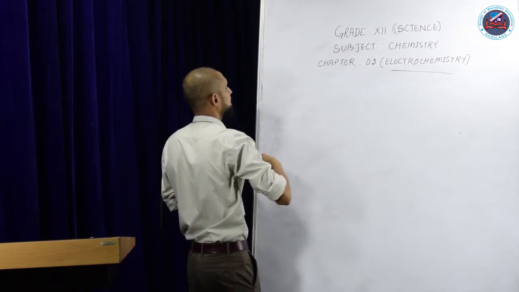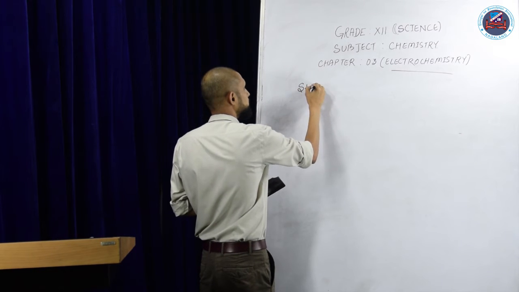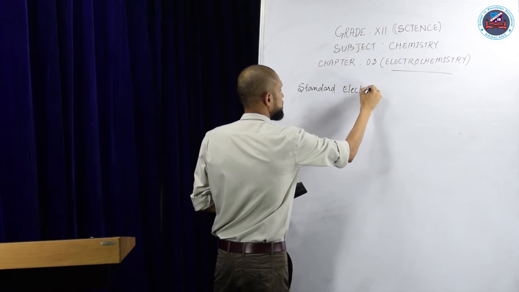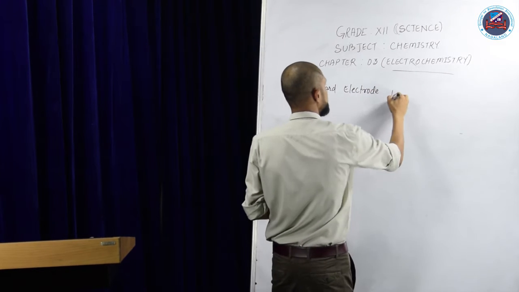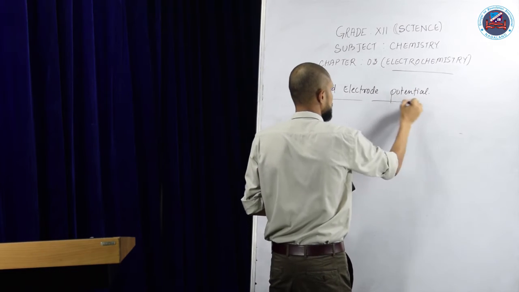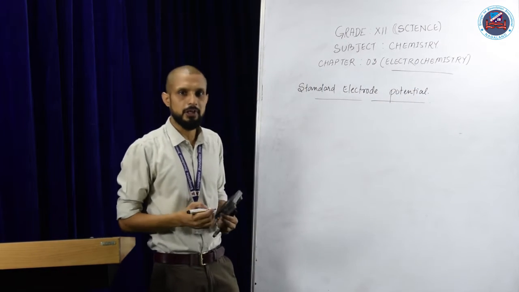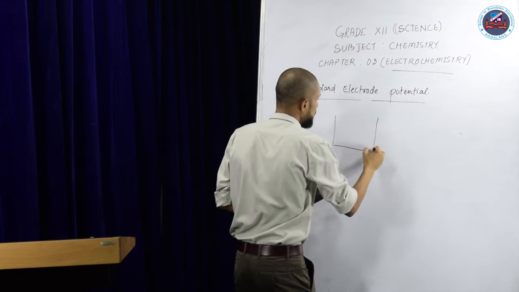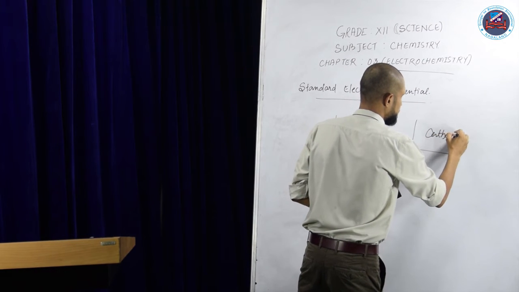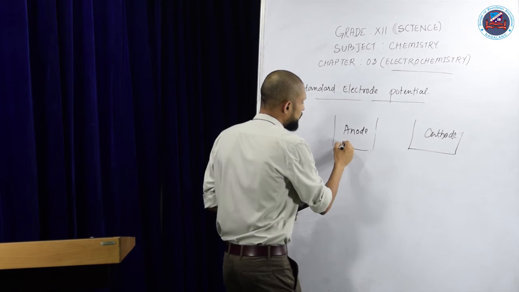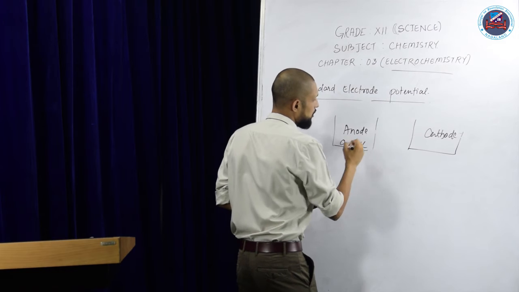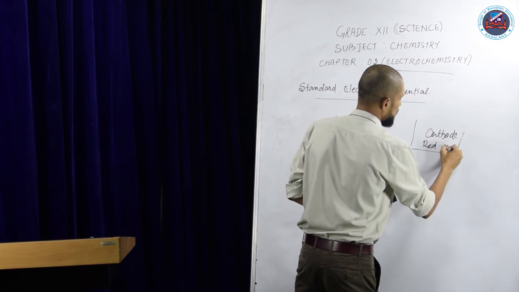Next, standard electrode potential. If you consider an electrochemical cell, you have two half cells, that is the anode half cell, or oxidation half cell, and the cathode half cell, or reduction half cell.